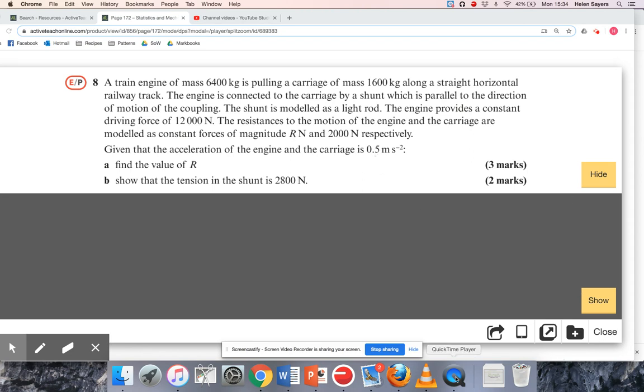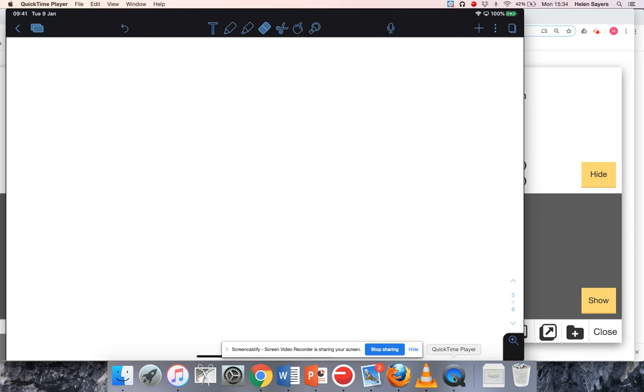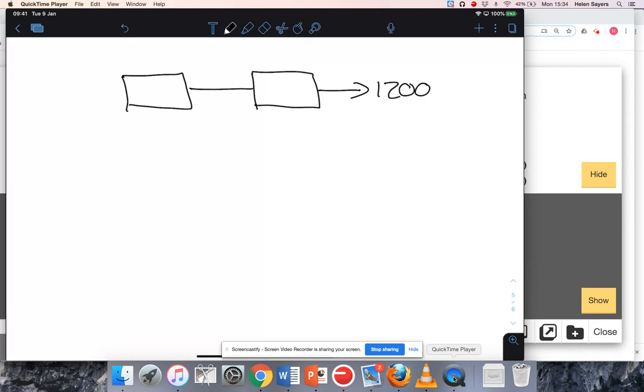So the first thing we want to do is definitely sketch that out. I'm going to have mine travelling off to the right. So there's a 12,000 Newton driving force.